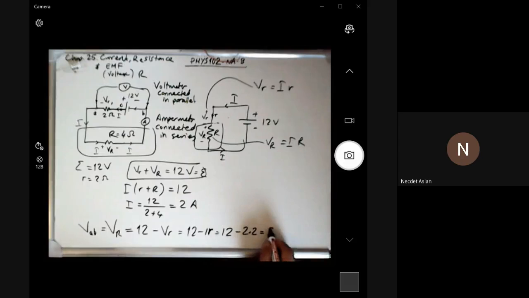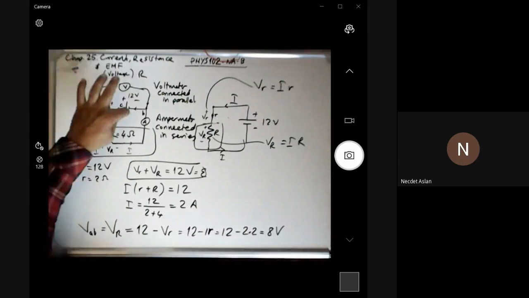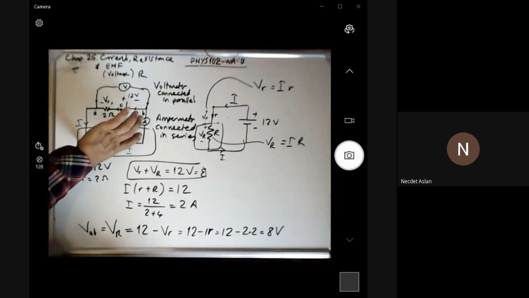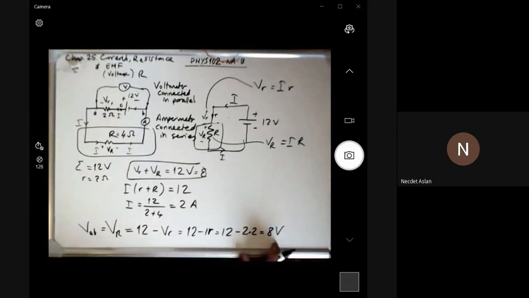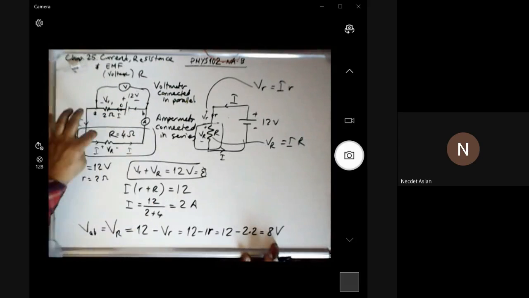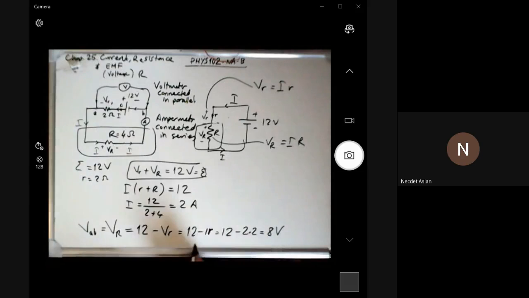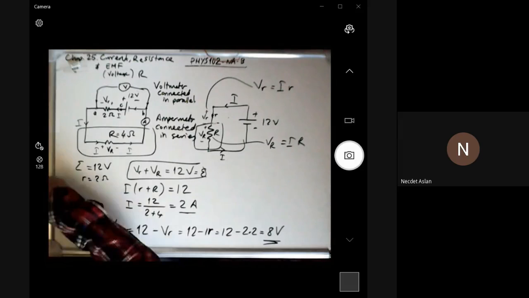You get 8 volts, as you see. You think that it's 12 volts you are connecting to 4 ohms, but actually it's 8 volts that you are connecting, because there is an internal resistance. We did this experiment. So as you see, now we solved the problem numerically, by numbers.